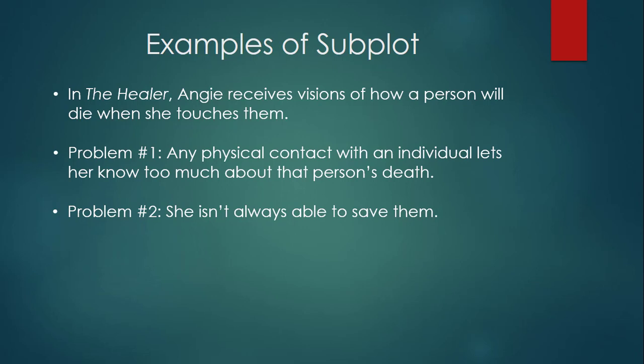She may see a vision of someone dying in their sleep in bed when they're 70, but sometimes she comes across people who may be in danger, may die of an accident, or someone does them harm, within a week or two, or maybe a month. Because her visions aren't very clear all the time, she isn't always able to prevent those things from happening.